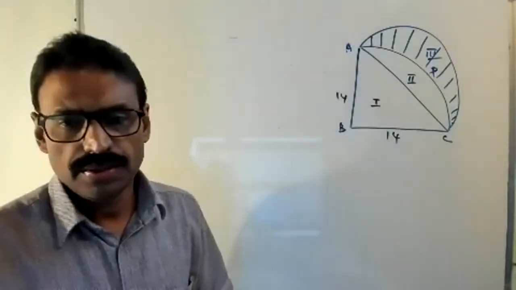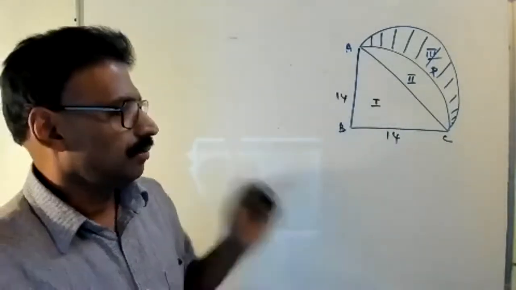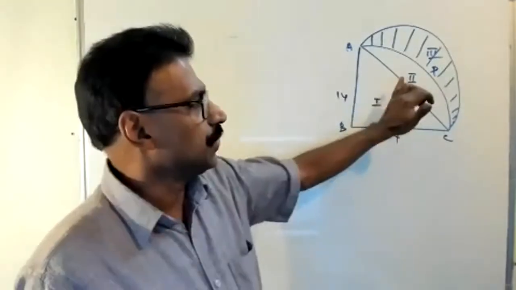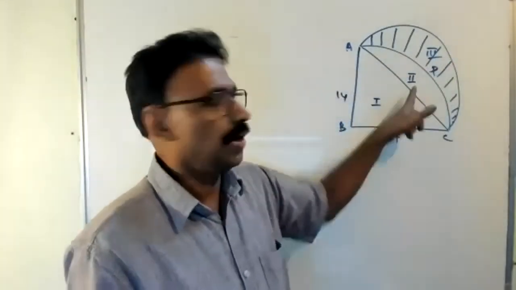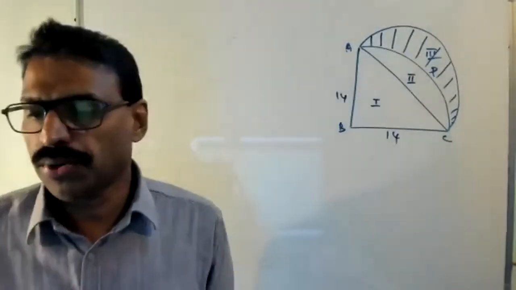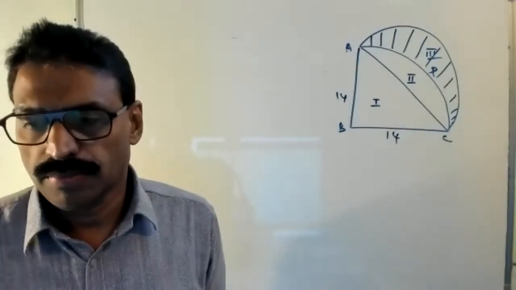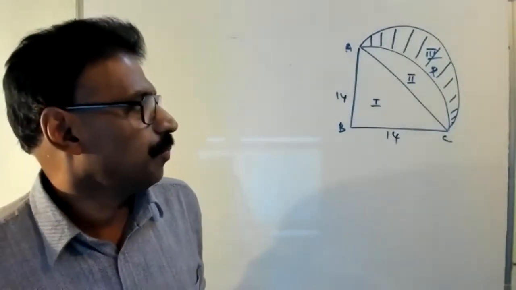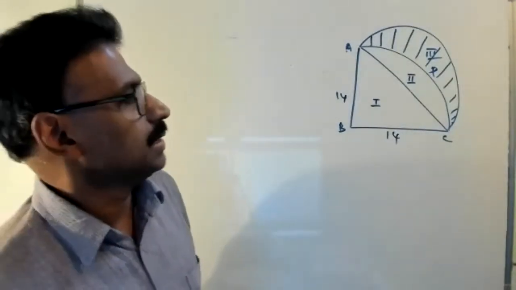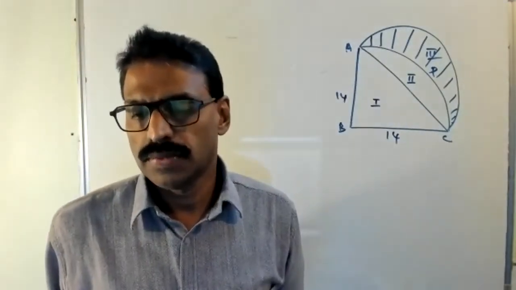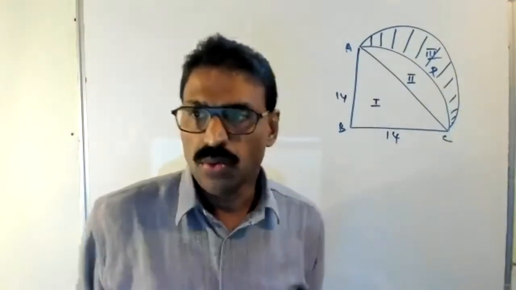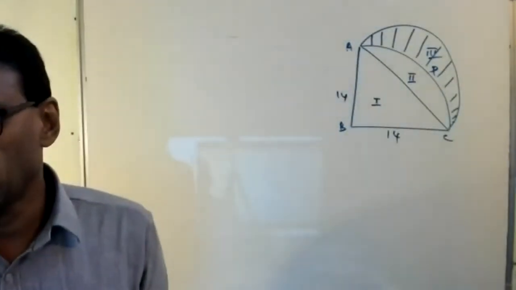We'll find part 2 and 3, then minus part 2. Part 2 plus 3 minus part 2. Clear? Is our plan okay or not?